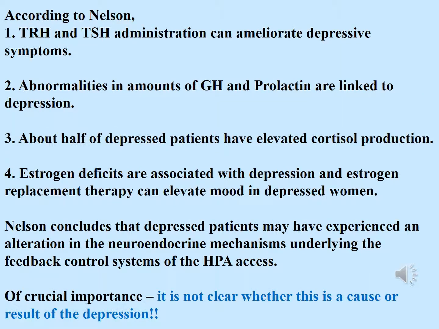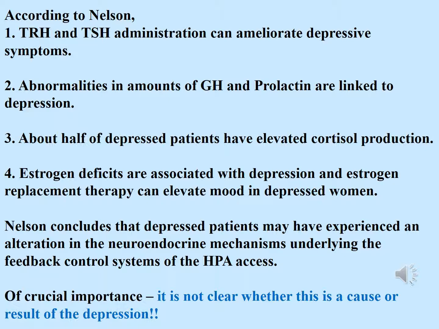TRH and TSH administration can ameliorate depressive symptoms. Abnormalities in amounts of GH and prolactin are linked to depression. About half of depressed patients have elevated cortisol production. Estrogen deficits are associated with depression, and estrogen replacement therapy can elevate mood in depressed women.